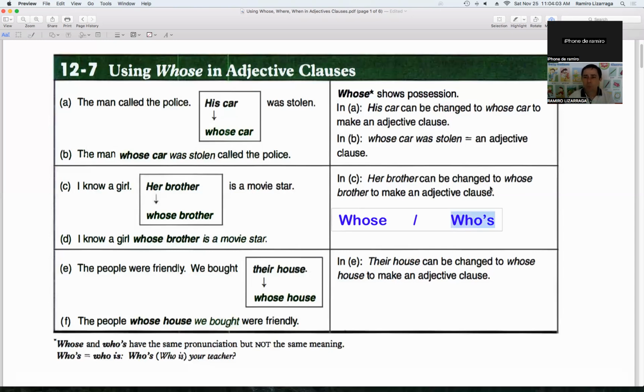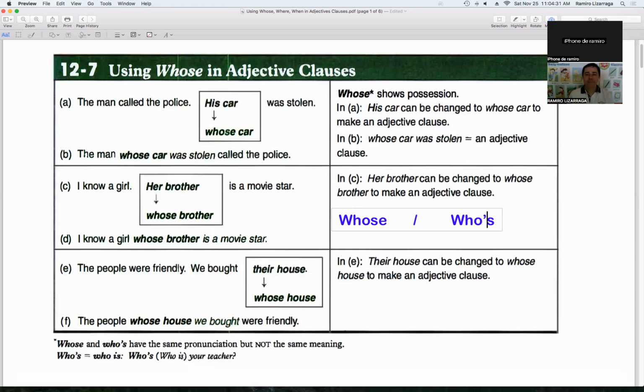Who's, what does it mean? It could be who is or who has. It could be an abbreviation of who is or who has. Okay?